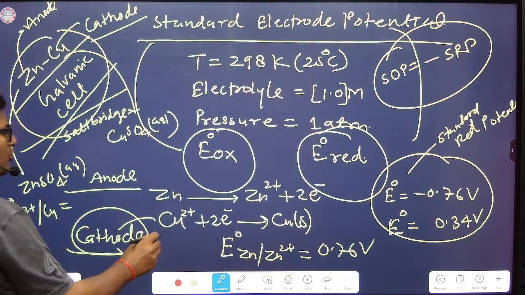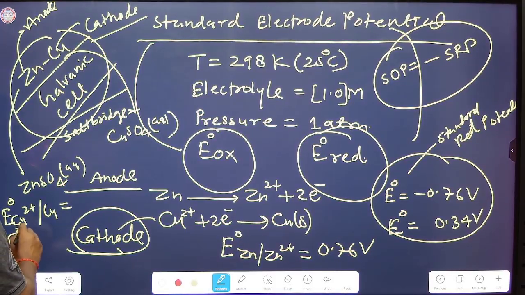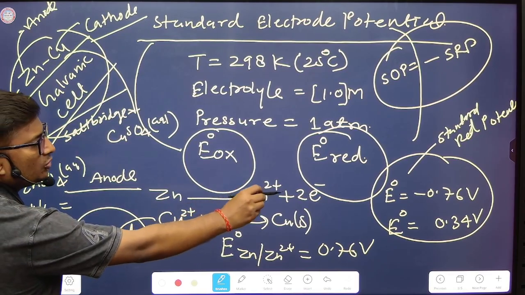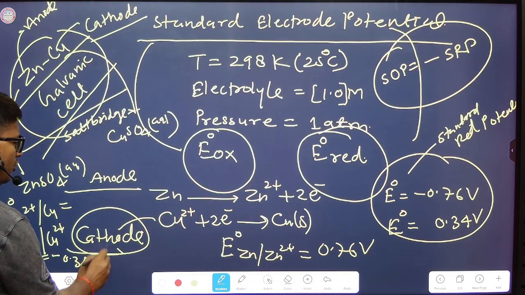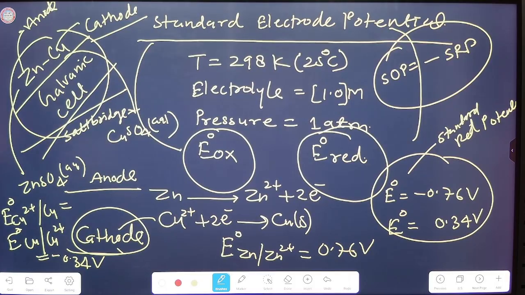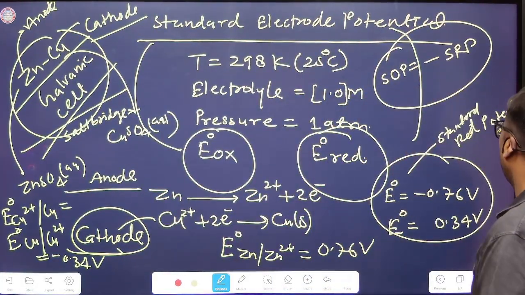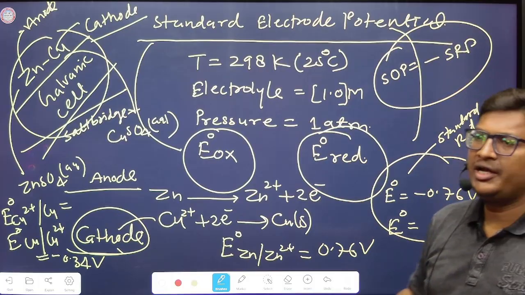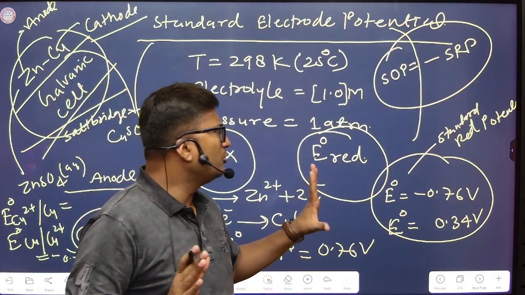So if you want to reverse this reaction, E naught Cu to Cu2 plus has the negative of that 0.34, so minus 0.34 volt, right? So this is the standard reduction and oxidation potential, and the standard oxidation potential will be the negative value of the standard reduction potential, right? So it is clear.